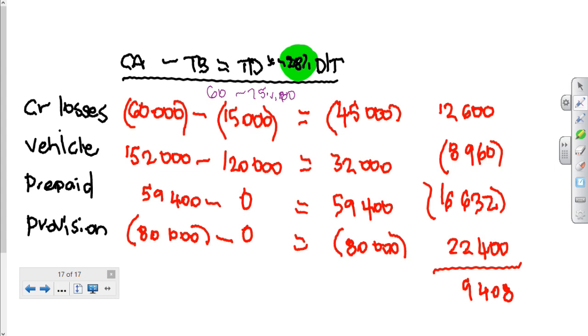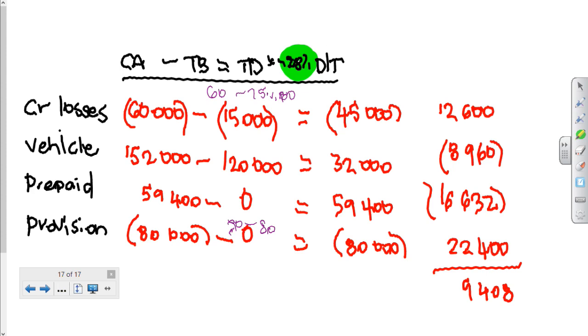And then lastly, we have a provision for the cancellation of the lease, a minus 80. It's a liability. The tax base is zero. Tax base of a liability: carrying amount, 80, less amounts that will be deductible in future, 80. Yeah?